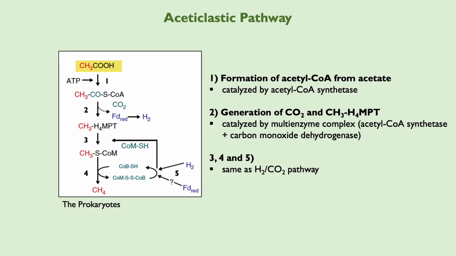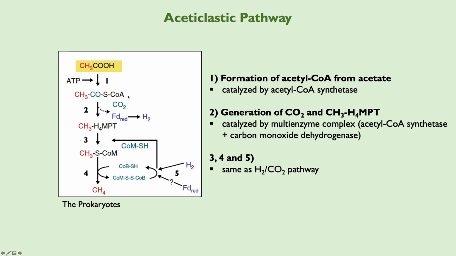Okay, so the second two methanogenesis pathways are simpler to cover because they're derivatives of this initial hydrogenotrophic pathway. So the second one is known as the acetoclastic pathway. And in this case, we have formation of methane from acetate. So the first step in this pathway is formation of acetyl-CoA from acetate. So here's acetate and the formation of acetyl-CoA.